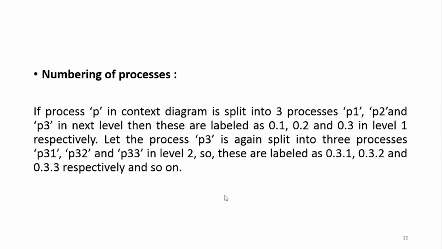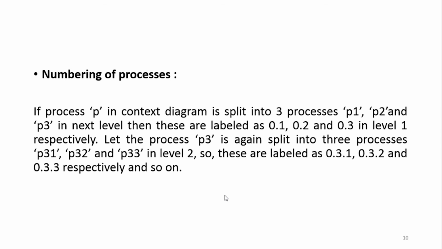For example, if we have processes P1, P2, P3 under the one process P in our level 0 diagram, then we can label them 0.1, 0.2, 0.3.